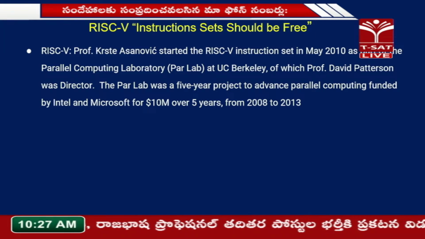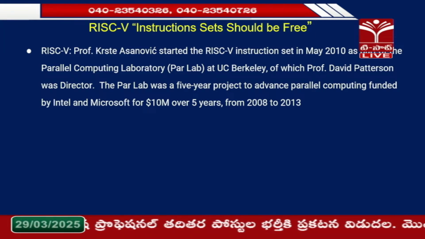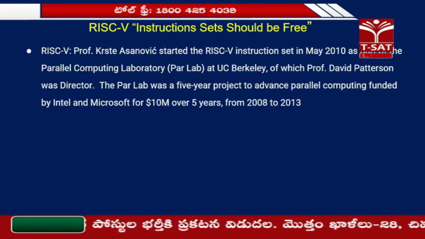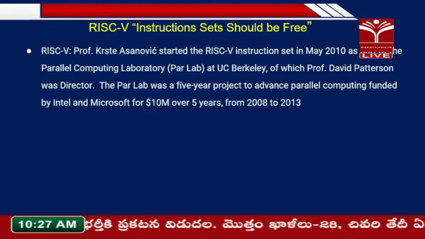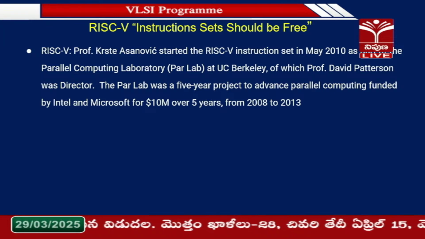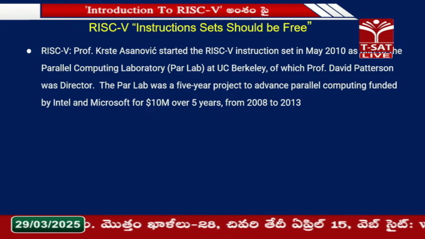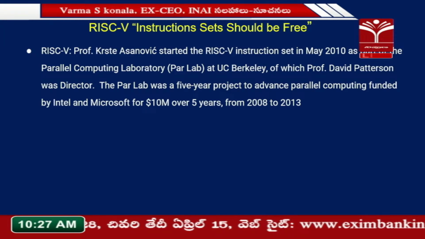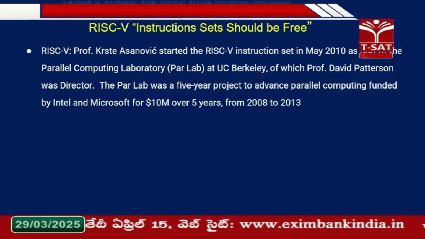Ironically, he did this as part of their parallel computing lab. This work was funded by Intel and Microsoft. Intel, which owned the proprietary x86 architecture, and Microsoft, which owned the proprietary Windows operating system, were funding this effort, out of which came the open source instruction set architecture.